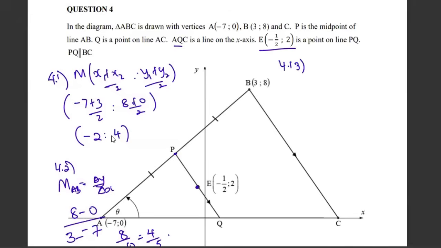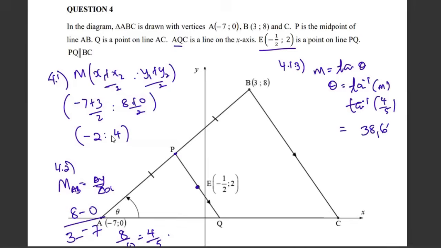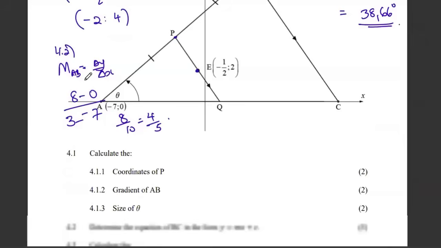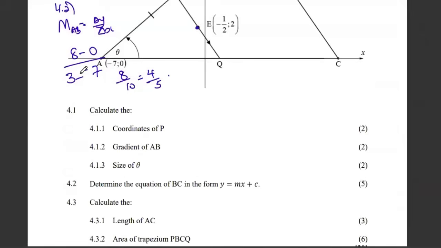We know that m is equivalent to tan of theta. So theta should be shift tan of m. So shift tan of 4 over 5. What do we get from our calculator? I'm getting 38.66 degrees.